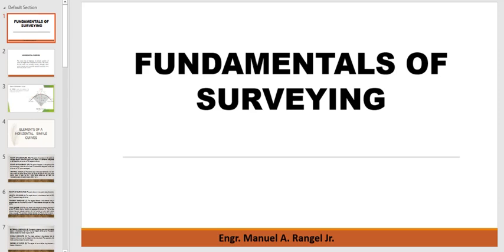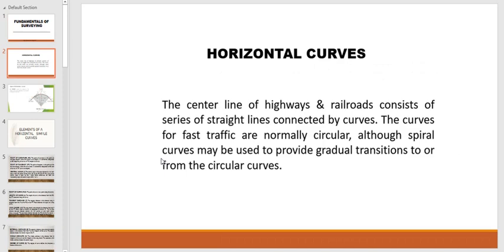Secondary considerations follow. Horizontal curves are usually arcs of circles or of spirals. Generally, the circular arcs make up the greater portion of a curve, while arcs of varying radii or spirals provide a gradual transition between the circular arcs and the tangents.